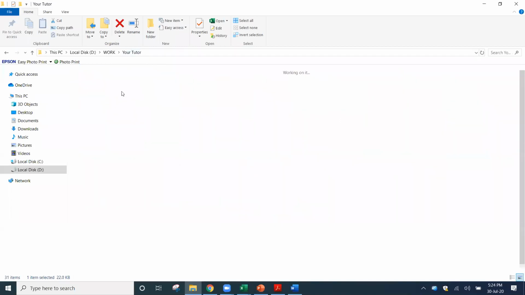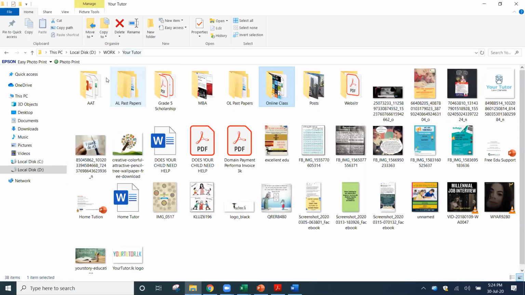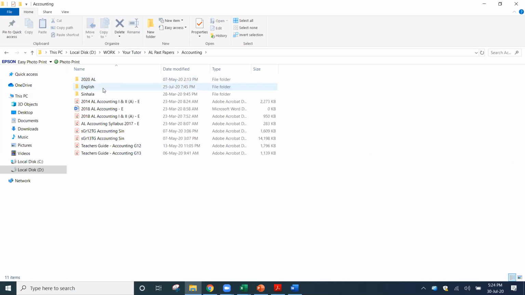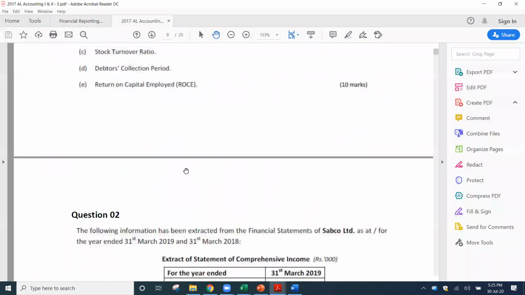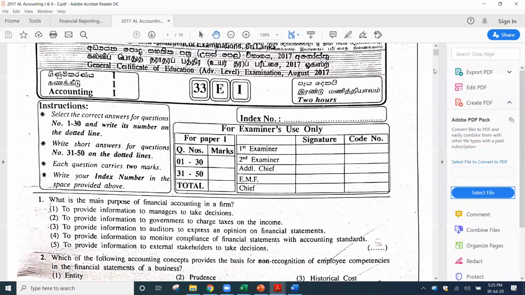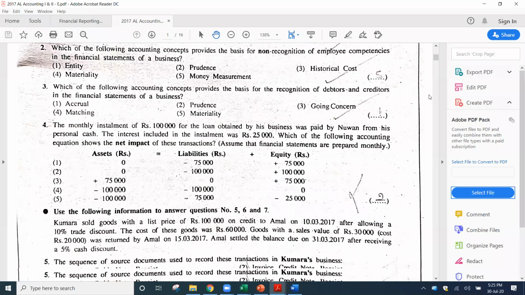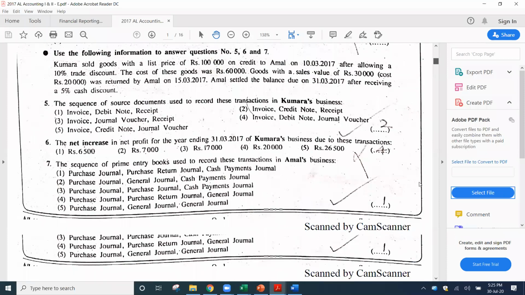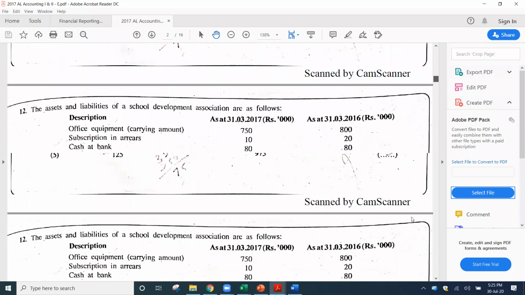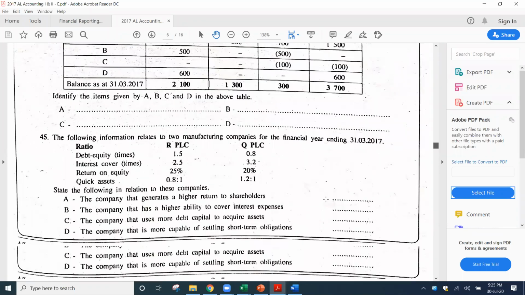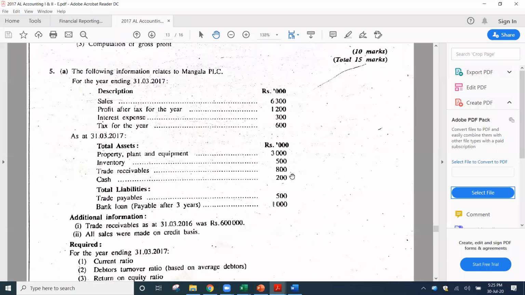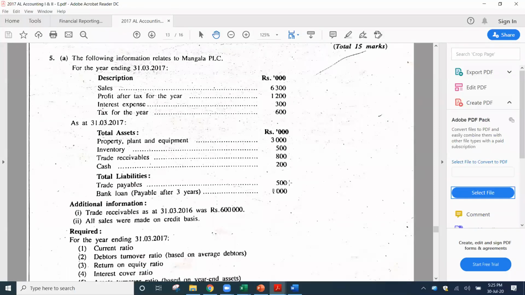So I'll take the 2017 paper. Question number 5. Here it is. Right. So let's calculate the ratios.